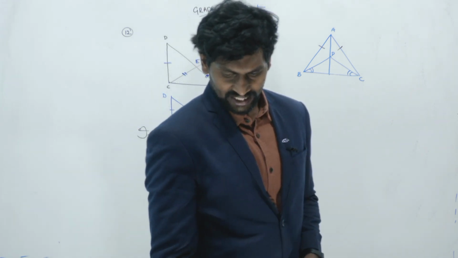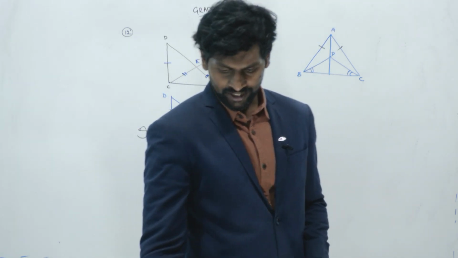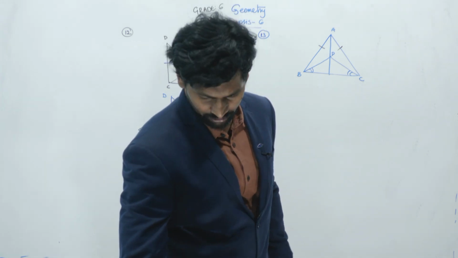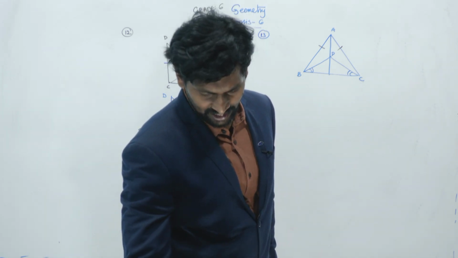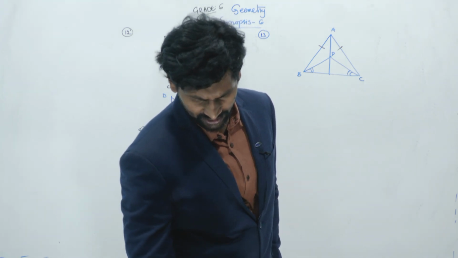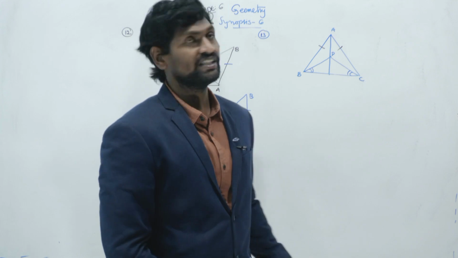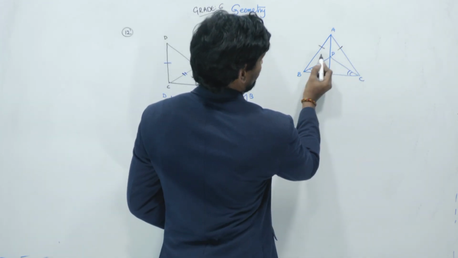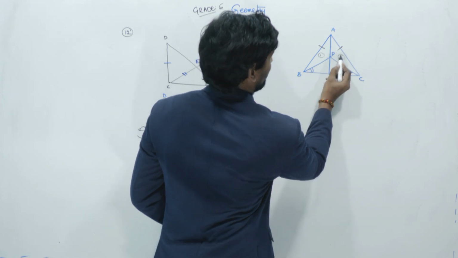In the given figure, AB equals AC. AB equals AC means which triangle? It is an isosceles triangle, and in an isosceles triangle the base angles are equal. So let us take the triangles ABD and CAD, the left side and right side triangles.